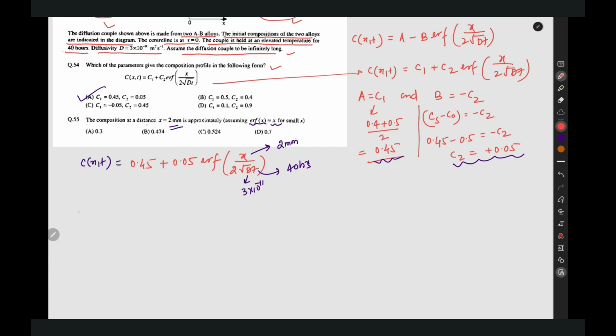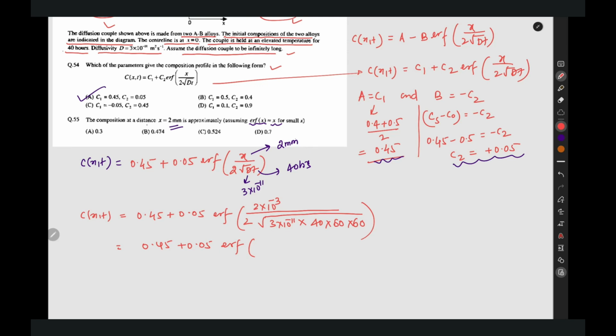After substituting the values, C(x,t) will be 0.45 plus 0.05 erf of 2 into 10 power minus 3, converted into meters, divided by 2 into root of diffusivity 3 into 10 power minus 11 into time, 40 hours into minutes into seconds. So we will get 0.45 plus 0.05 inside the error function.